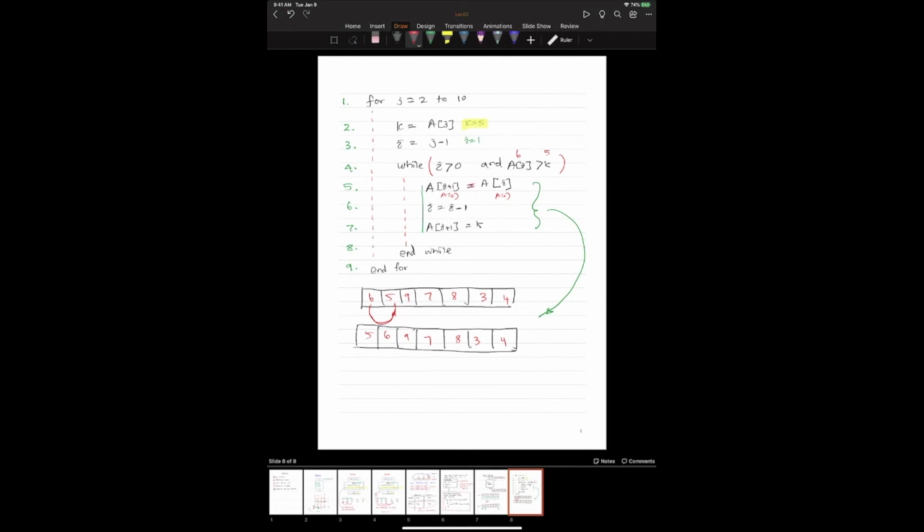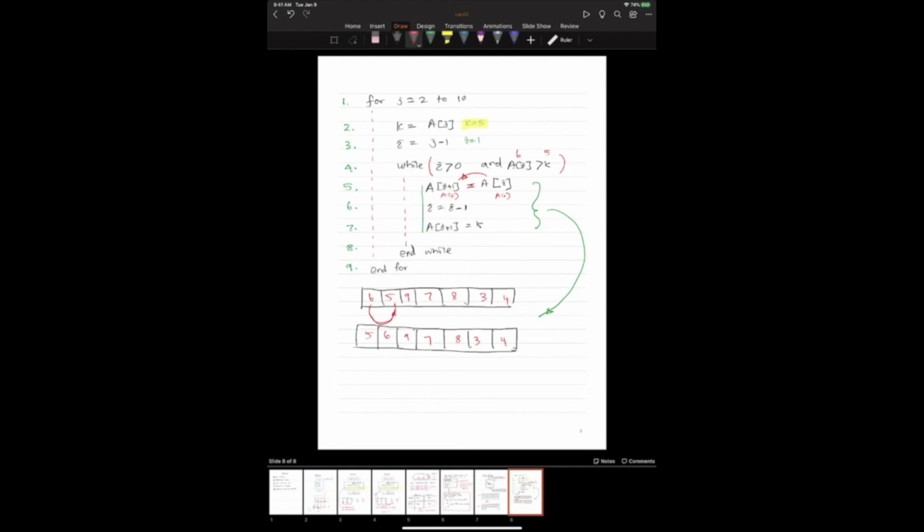Here it happens this way. ai is replaced to ai plus 1. So the i plus 1 location is replaced with ai. And then i is decreased, i minus 1. So i used to be 1, now it is 0.